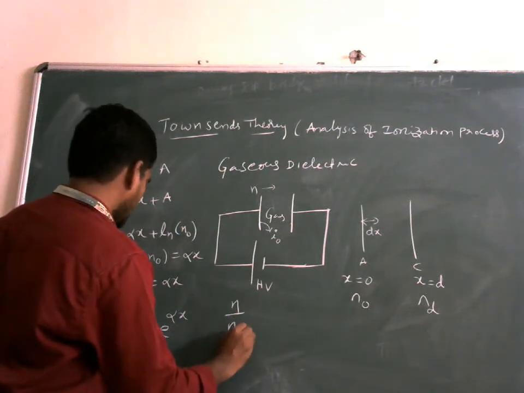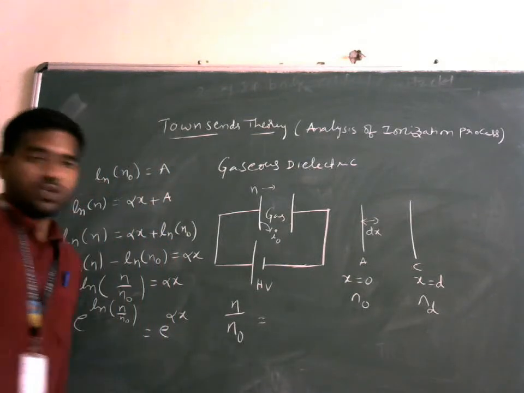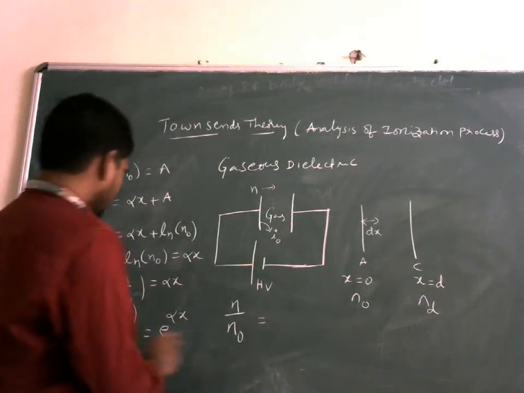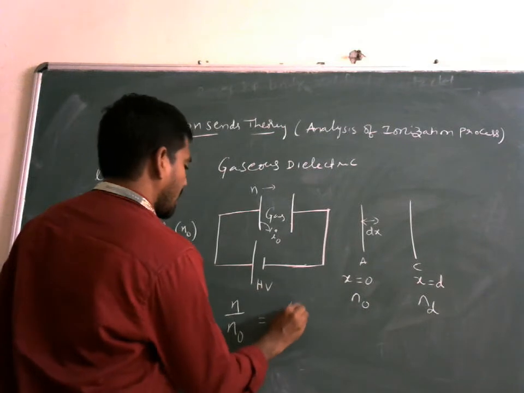If we apply the logarithm on both sides and simplify, we get n by n naught is equal to e power alpha x.